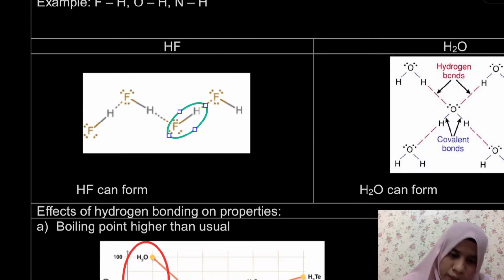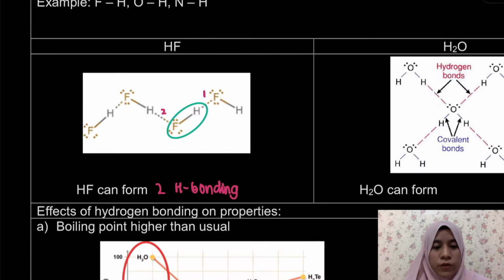For each of my hydrogen fluoride, I can actually form 2 hydrogen bonds. Why can it form 2? Because here is the first hydrogen bond, and this is the second hydrogen bond. So for each of our HF, it can form 2 hydrogen bonds.